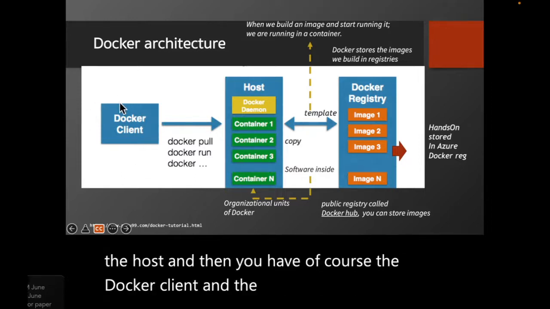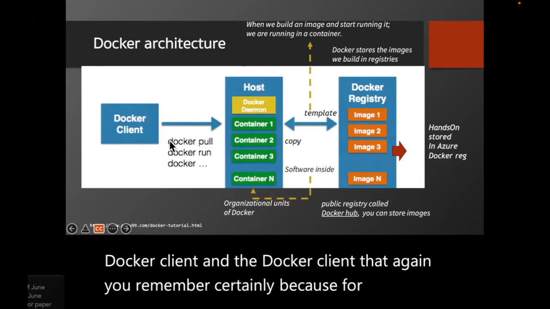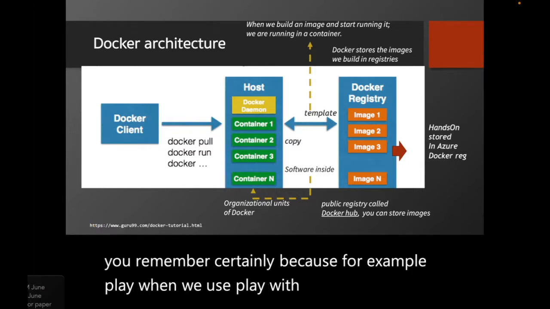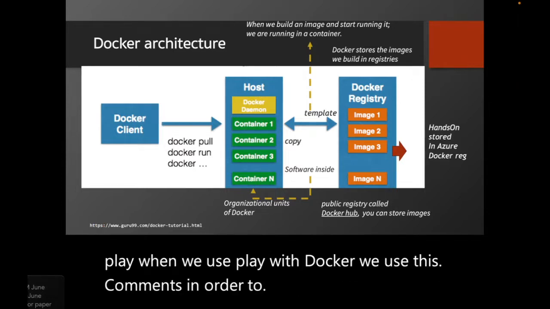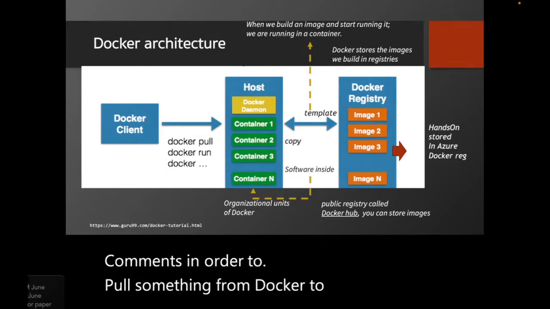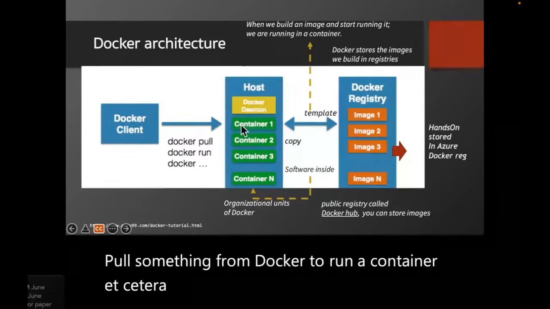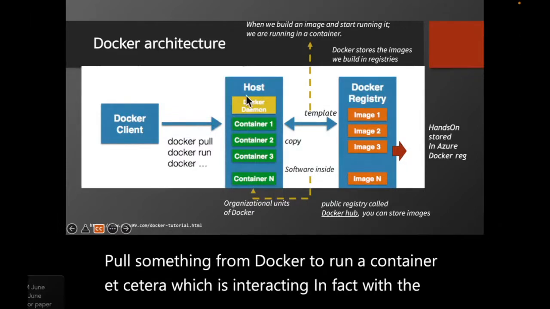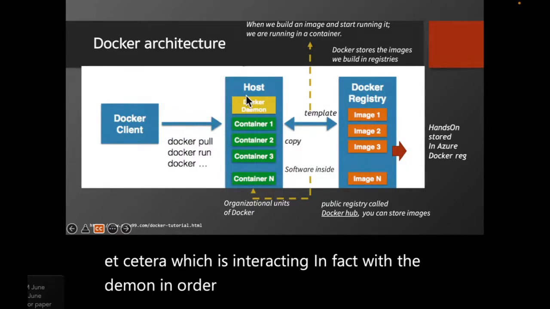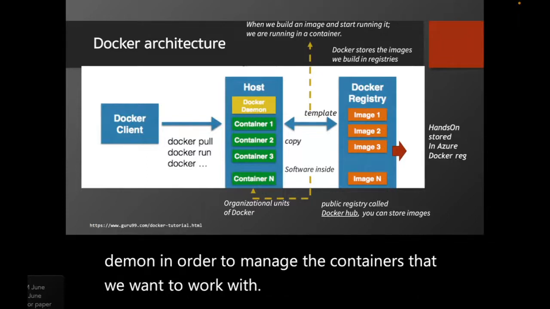You remember certainly because, for example, when we played with Docker, we used these commands in order to pull something from Docker or to run a container, which is interacting with the daemon in order to manage the containers that we want to work with.